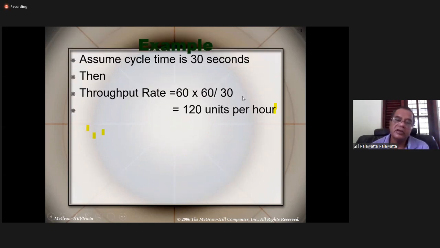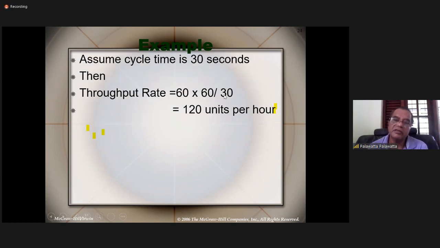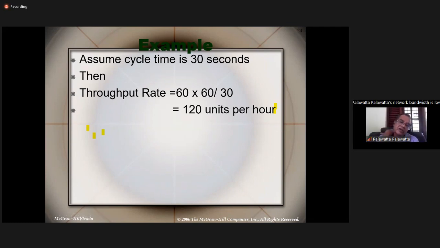One hour has 60 minutes, and you have to translate that into seconds, because cycle time has been calculated in seconds. So 60 times 60 divided by 30. Throughput rate is 120 units per hour.